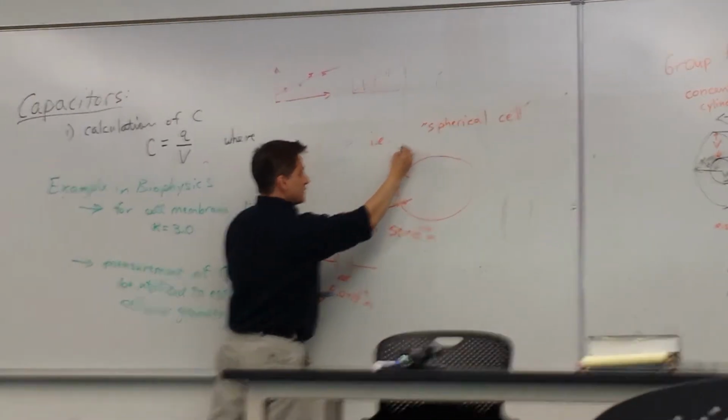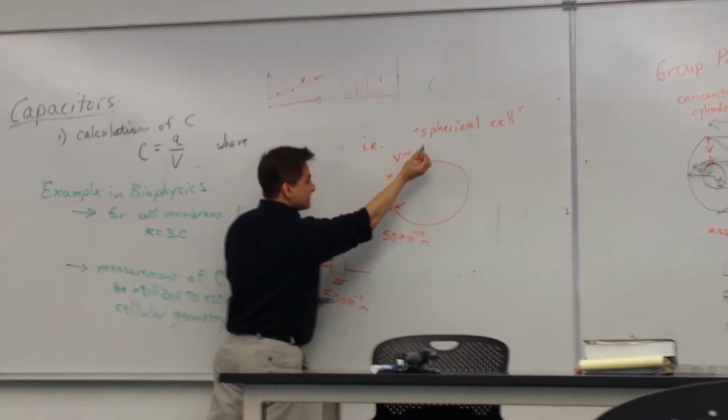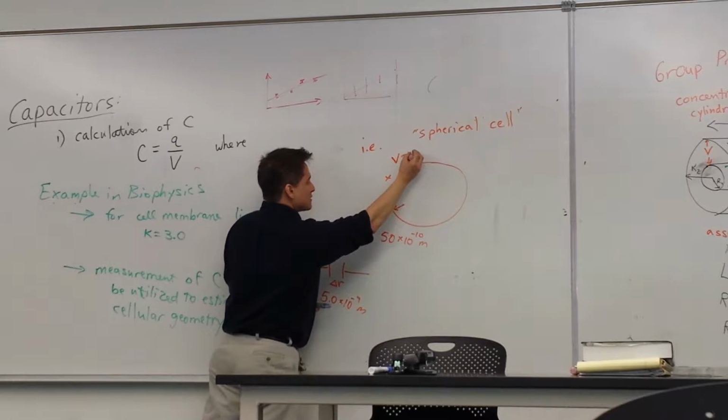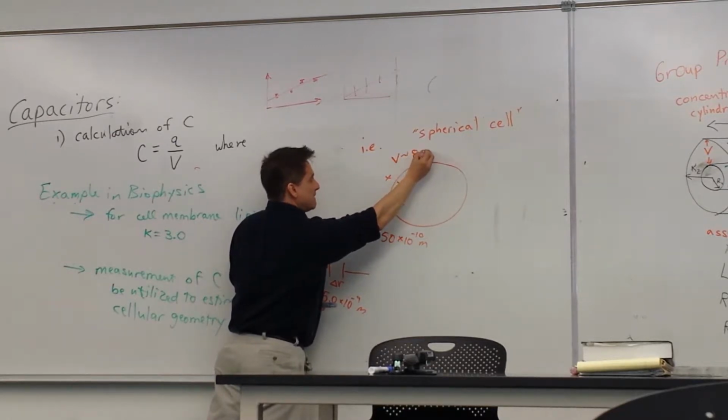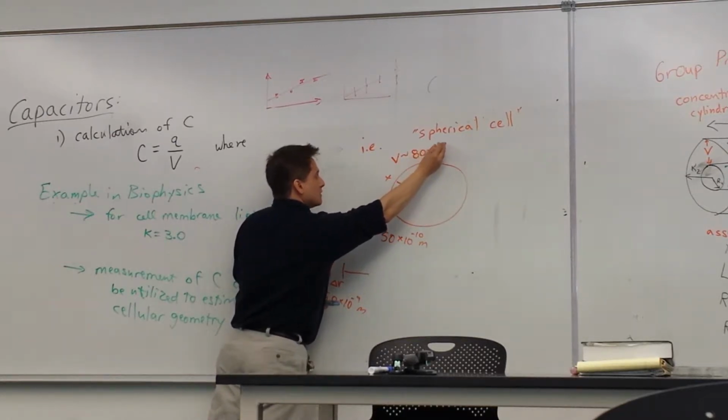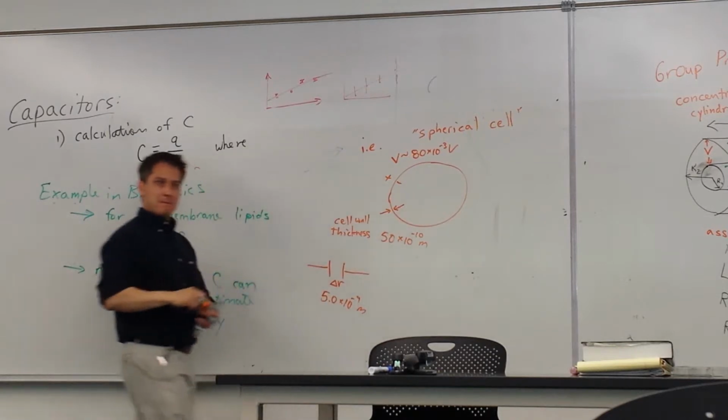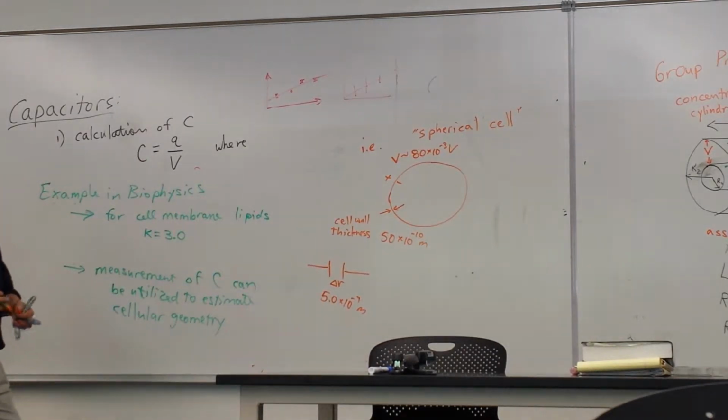And the voltage is typically, I think I'm saying typically a lot here, somewhere around 70 or 80 millivolts. It's more negative on the inside because a little bit of these positive ions leach outside. And as long as it's held tight, the negative ions can't come out with them.